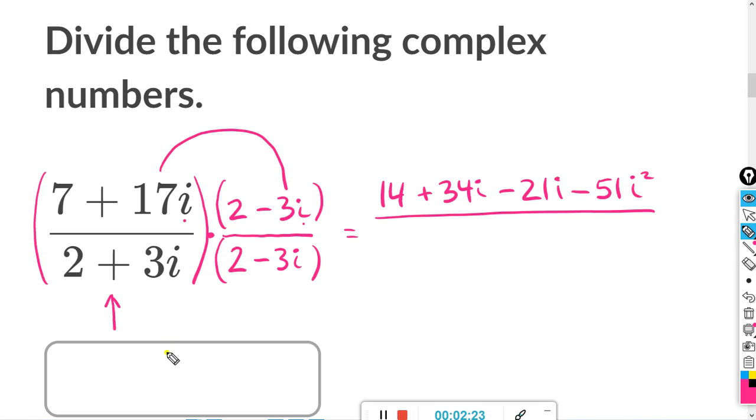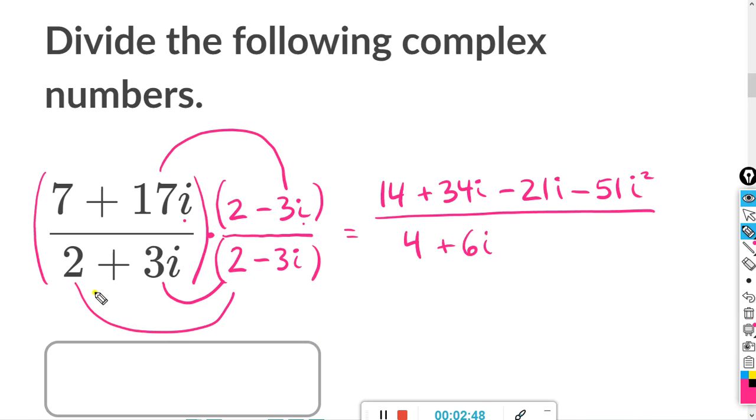Now for the denominator, you'll see that the inner outer term drops out. All right, and that was the idea. So when we do the first, it's going to be 2 times 2, that's 4. The inner term is 3i times 2, which is 6i.